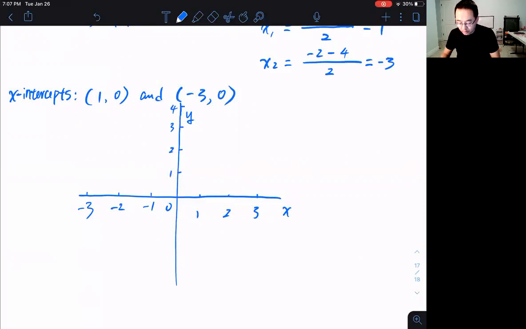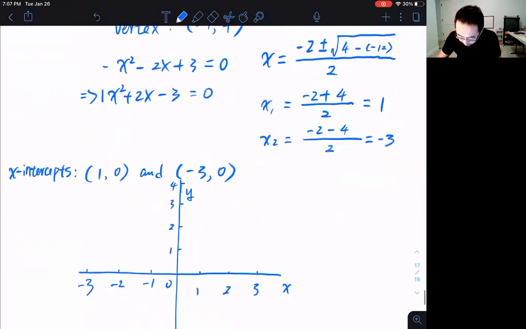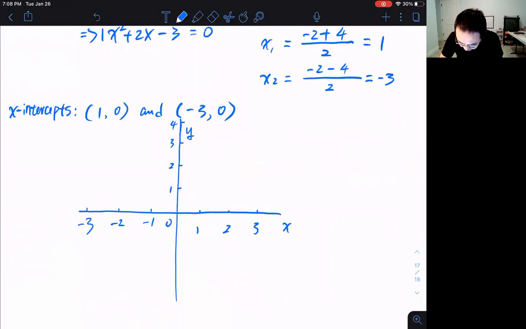Okay, so we know the vertex is at negative 1 and 4, so that means it is this point. That's your vertex right there. And then we know the x-intercepts are 1 and 0 right here, and negative 3 and 0 right there.